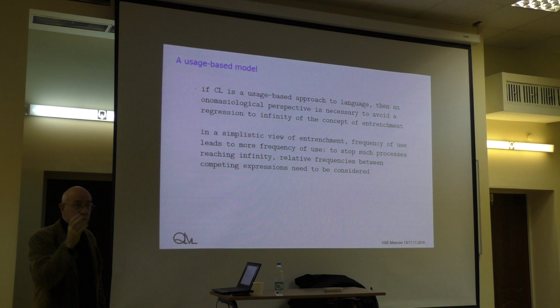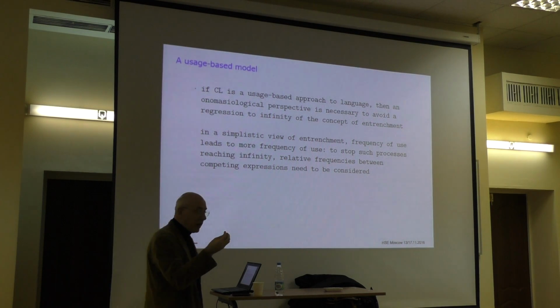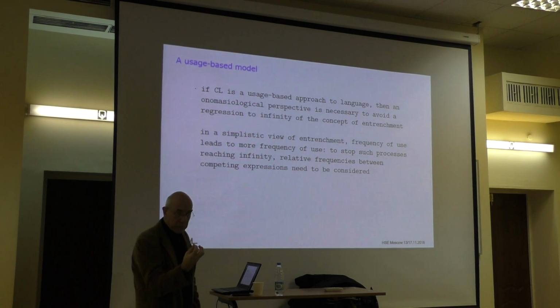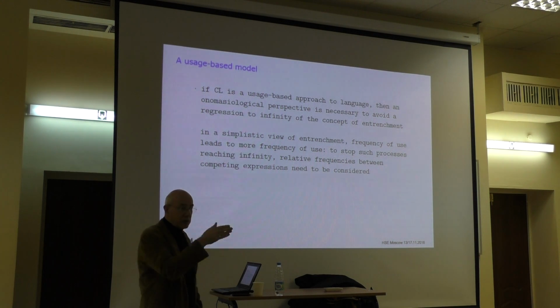Linguistic systems change because certain forms of expression become more frequent. And that process of becoming more frequent anchors them, entrenches them in the language system. That's entrenchment. And that is a way of thinking about the relationship between usage and system. You start using something, and if you use it long enough, it's part of the system.